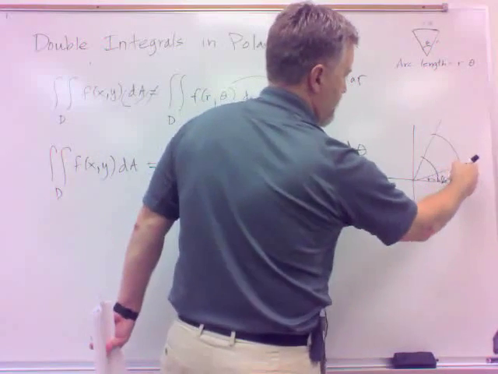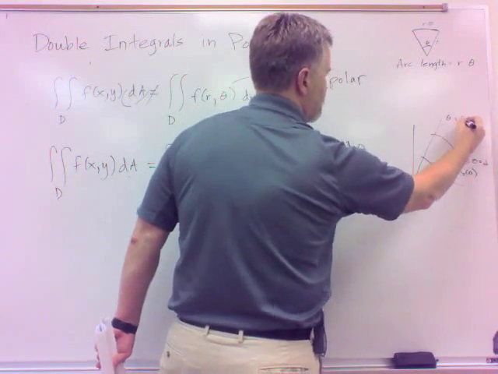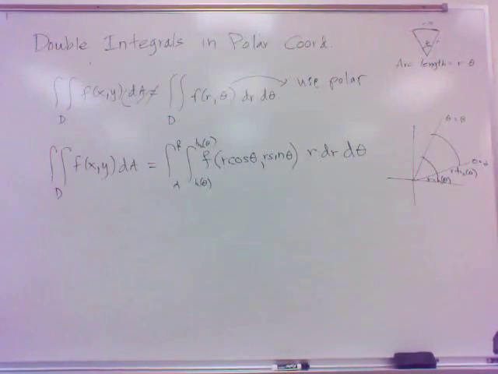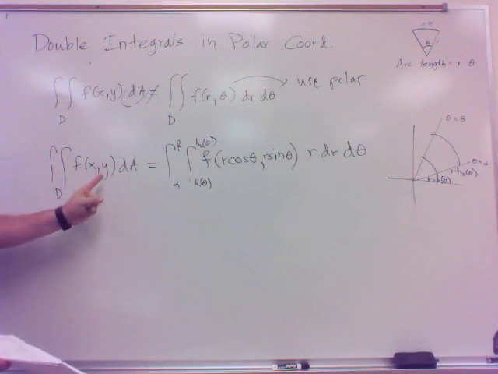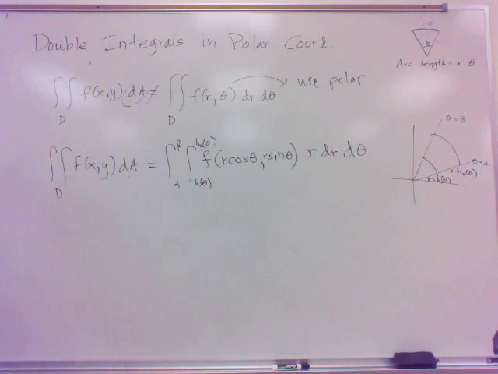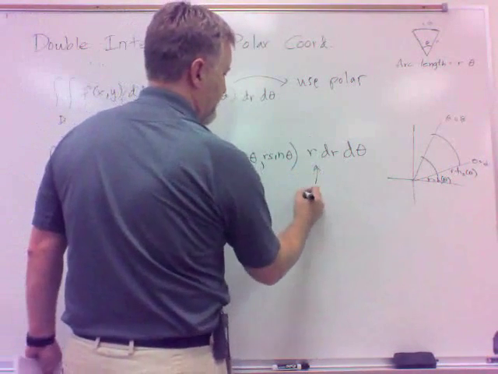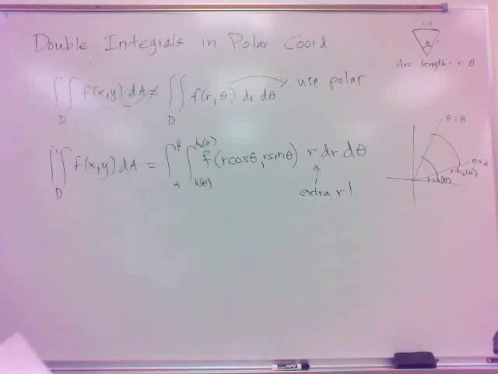And then my thetas go from alpha to beta, is what they usually refer to that as. So the main thing is, for x you do r cosine theta, y is r sine theta, or you can sometimes use the x squared plus y squared equals r squared thing. But note here, there is an extra r that we throw in with my dr d theta.